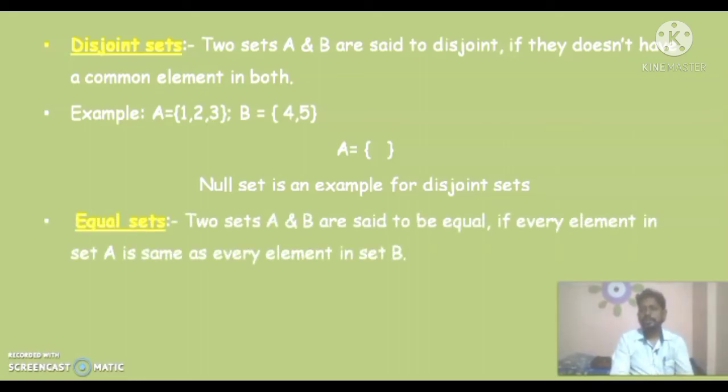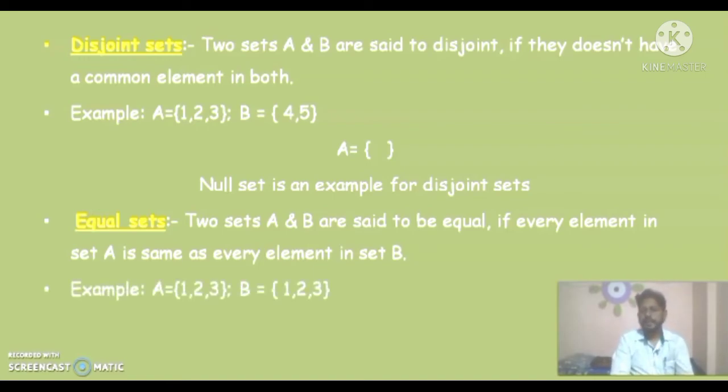Equal sets. Two sets A and B are said to be equal if every element in set A is the same as every element in set B. Hence, such sets are called equal sets.